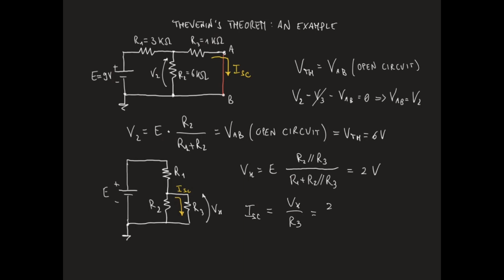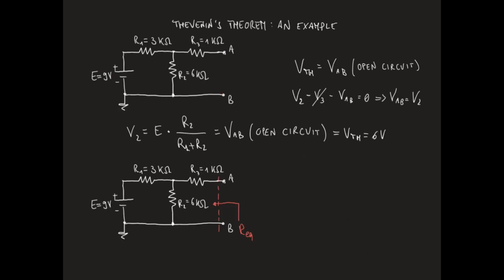This gives 2 volts divided by 1 kilo ohm, or 2 milliamps. Eventually, RTH can be calculated as VTH divided by the short circuit current as per Thevenin theorem. This yields 6 volt divided by 2 milliamps, or 3 kilo ohm.